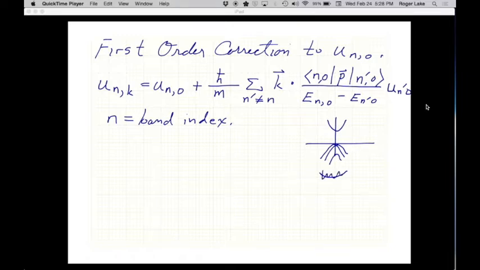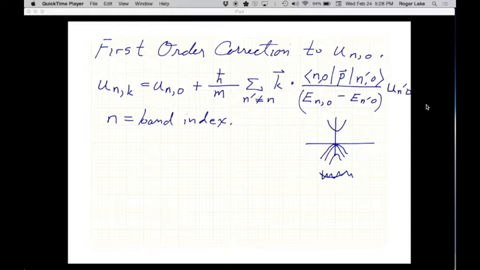So in k dot p theory, no one worries about that because it's like 20 eV down. And if you look at this denominator as an energy difference, bands that are very far away tend to not be important because of that denominator term. So if you're interested in, say, the conduction band, the sum includes all bands except the conduction band, so you'd be summing over basically the 3 bands of your valence band.